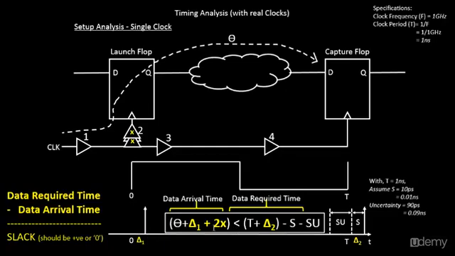If that is the case, you can't commit that the system will actually work at 1 nanosecond or at 1 gigahertz. If the data arrival time goes beyond the data required time, then the clock frequency that we are expecting to be 1 gigahertz will be running slower. The clock period will not be 1 nanosecond. It might increase to 1.5 nanoseconds or something, and the inverse of that will obviously be less than 1 gigahertz.